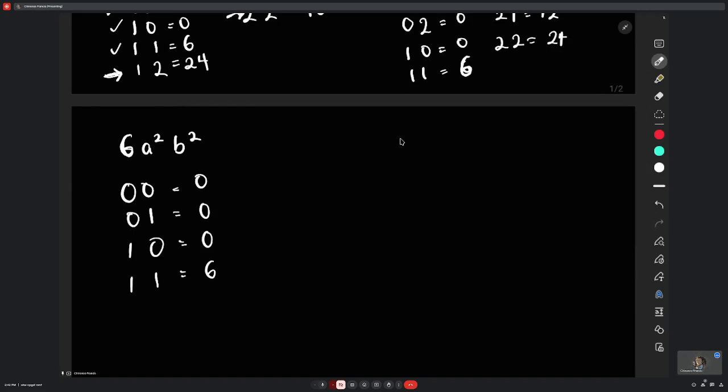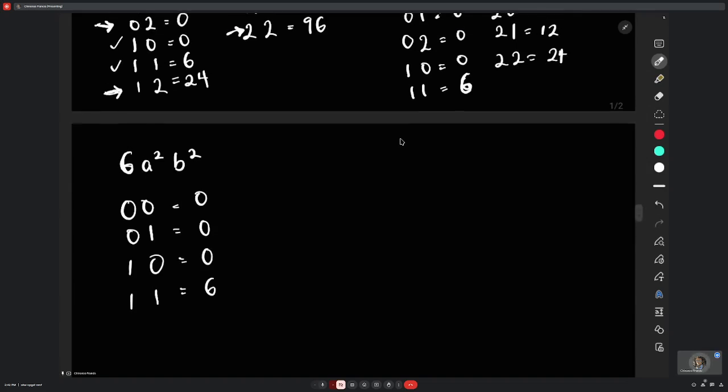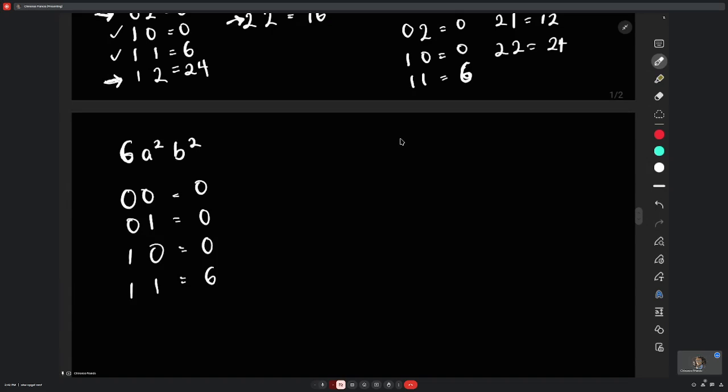But since the variable a is not a degree 1 variable, it's a degree 2 variable, 2 points will not be sufficient to represent it. That univariate polynomial is going to be made up of 3 points.